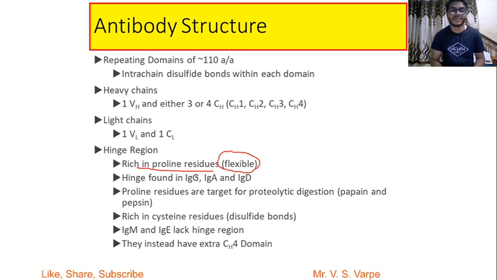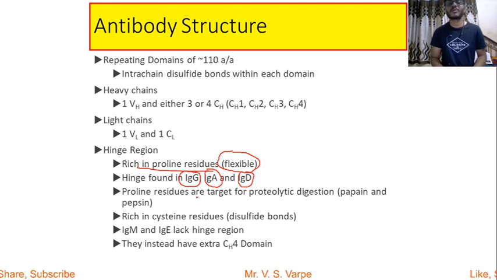The hinge is found in only IgG, IgA and IgD antibodies. The proline residues are targets for proteolytic digestion, like by papain and pepsin.